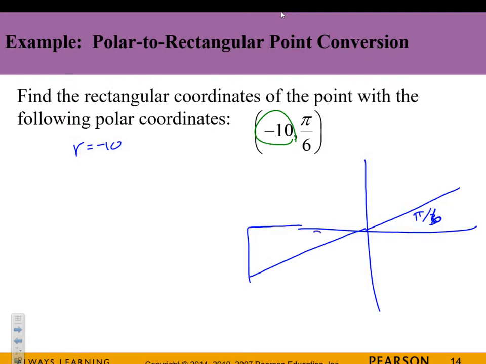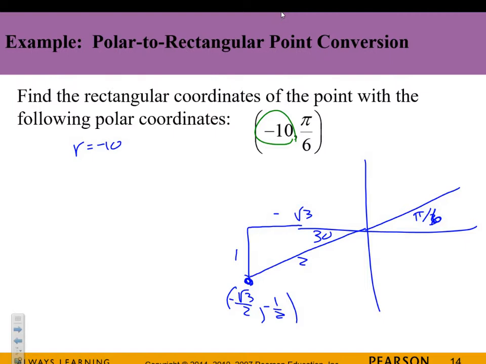And I know that it's going to be a 1, 2, radical 3. So if I want the coordinates of this, then I'm going to do cosine, which is radical 3 over 2, and technically it's negative. And then my sine is a negative 1/2.